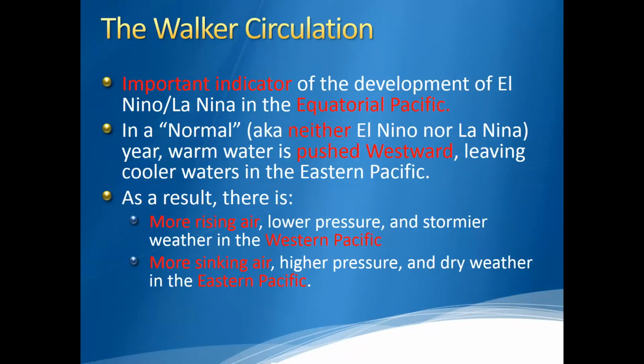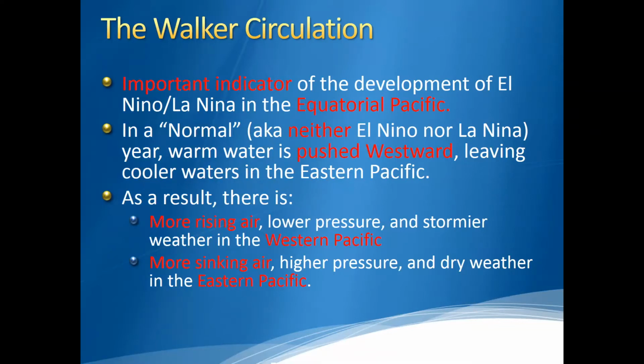Warm water leads to warm air. Warm air leads to rising air. So we get lots of rising air in the Western Pacific. This results in low surface pressure. This results in the development of thunderstorms. So the weather in the Western Pacific is typically very stormy, and the pressures there are typically very low.